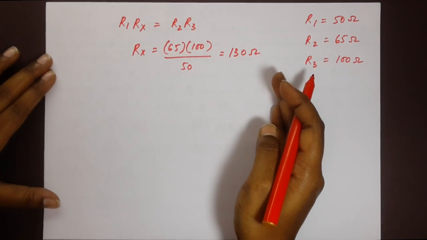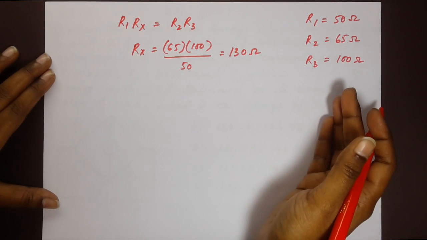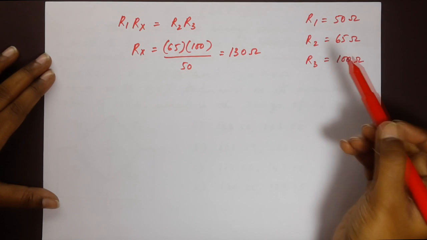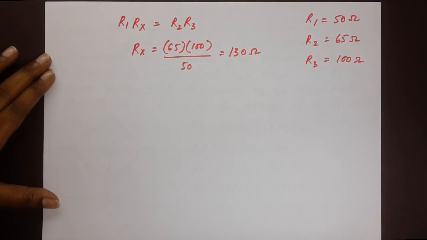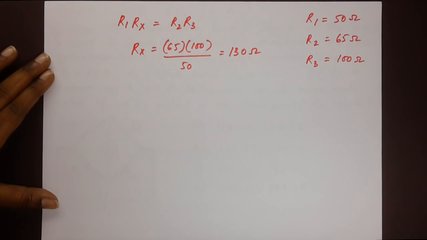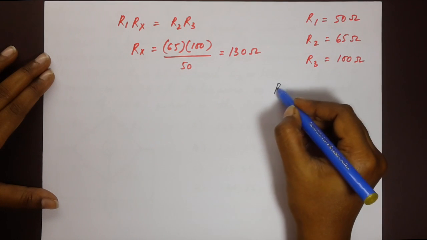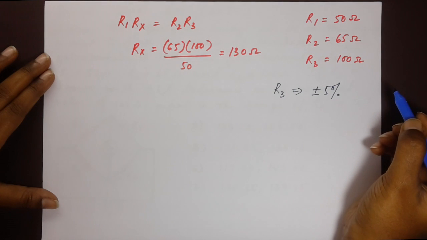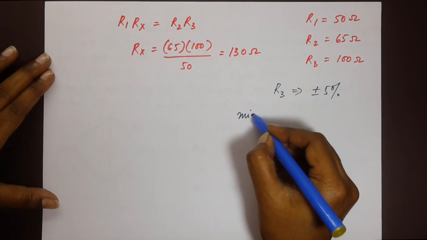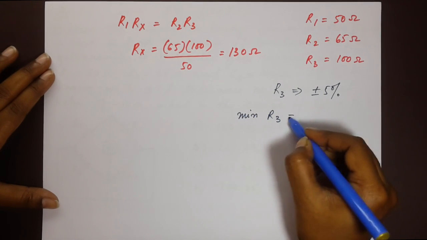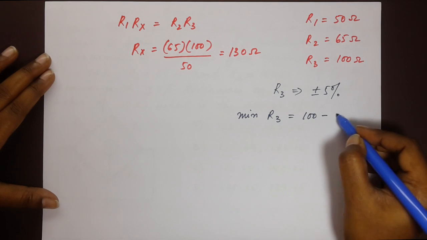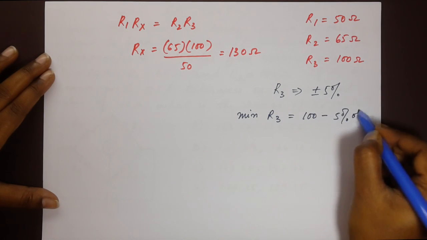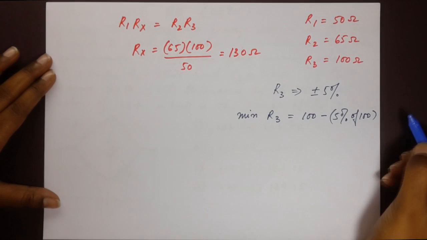That means we'll have to find out the minimum and maximum values. So in order to do that, we'll use the tolerance given for the resistance R3. Now the tolerance of R3 is given as plus or minus 5%, which means that minimum value of R3 is 100 minus 5% of 100.